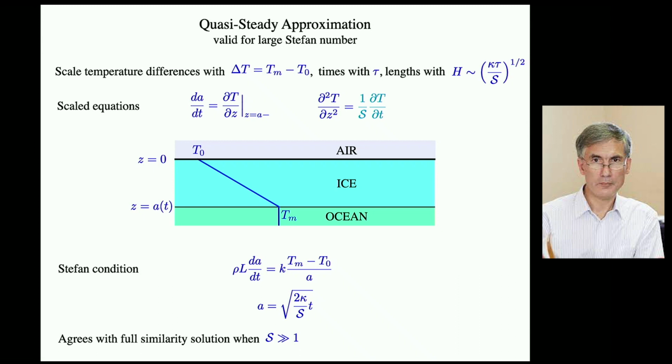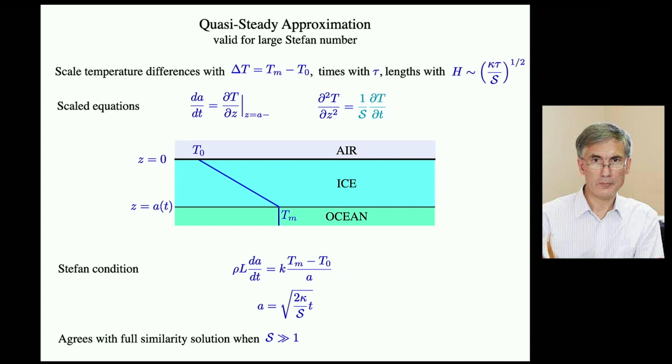So is this a reasonable approximation to make in real practical situations? Well, L over Cp for water is about 80 Kelvin, okay, 80 degrees Celsius. So if delta T is small compared with 80 Celsius, then this Stefan number is large.